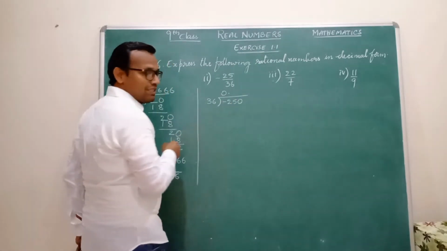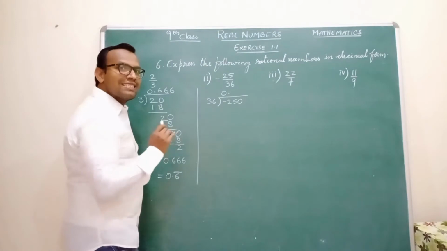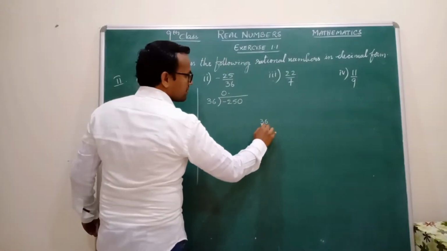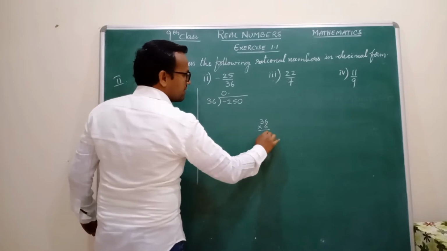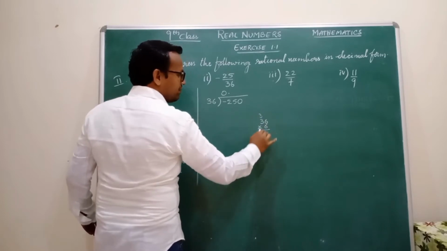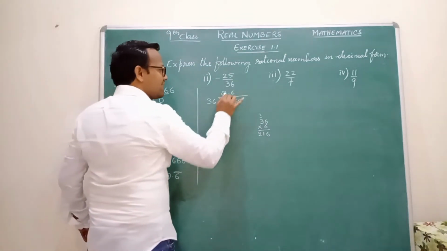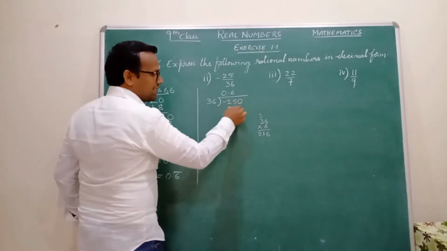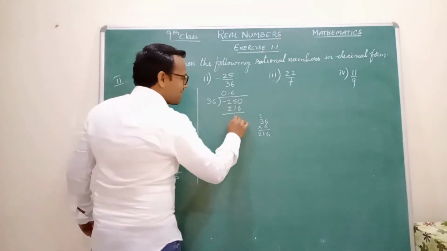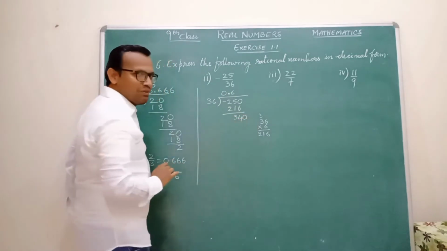That means you can add zeros. Now, 6 6s are 36, 6 3s are 18 plus 3, 21. So which is near to 250? That means 36 6s are 216. The difference is 34. Since the decimal point is there, a 0 will be added.